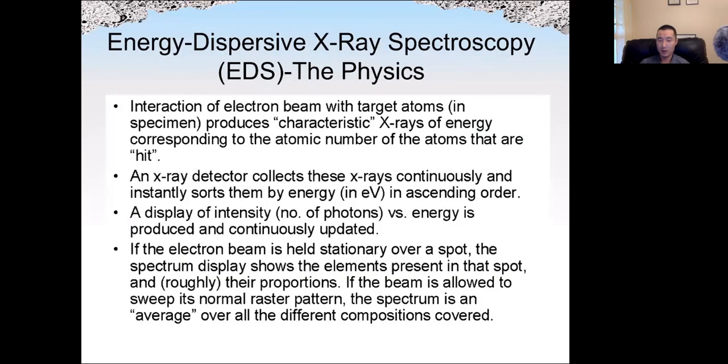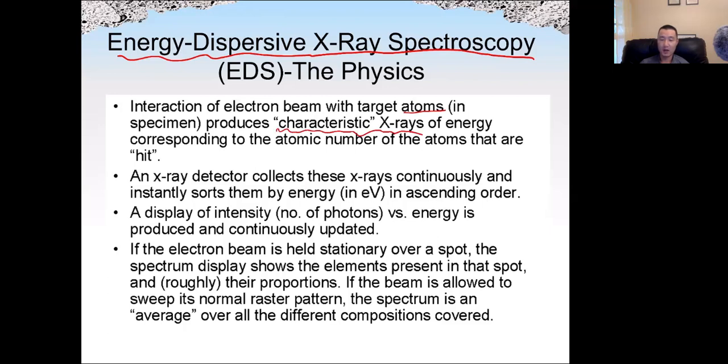Okay. And as we mentioned before, we can also use EDS to see what type of atoms are in a certain location. EDS is short for energy dispersive X-ray spectroscopy. The electrons, either backscatter or secondary electrons, will interact with the atoms in the specimen, and the interaction will generate a special X-ray.